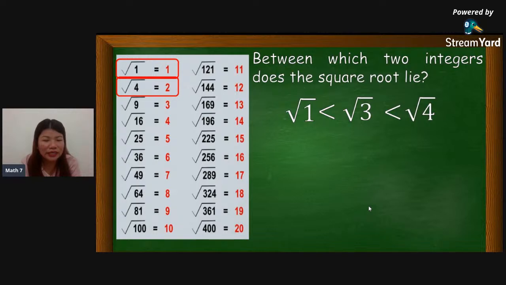Kopyahin yung sinasabi ko: square root of 3 is greater than square root of 1. Ilista nyo sa notebook nyo, kasi baka mamali kayo.